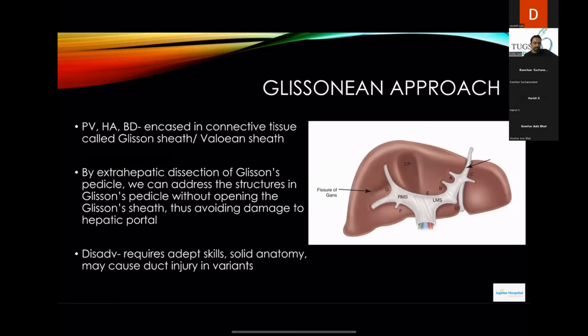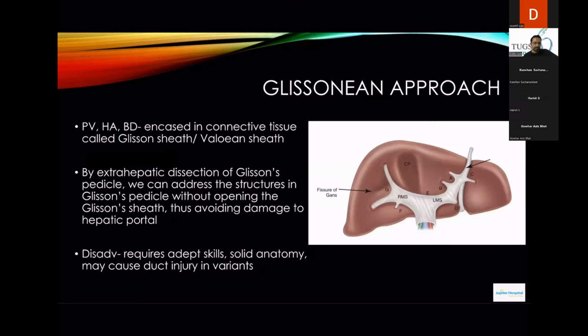So what you do in the Glissonian pedicle approach is this: Glisson's sheath, or the Walaeus sheath, is the connective tissue around the hepatoduodenal ligament, which encases your portal triad, that is the portal vein, hepatic artery, and the bile duct.